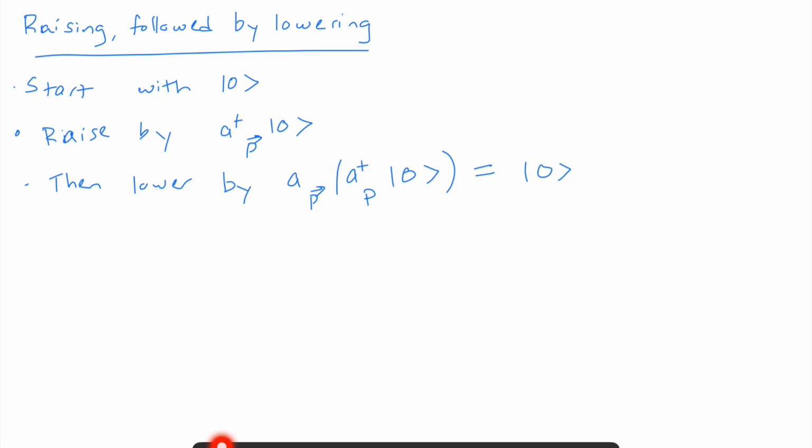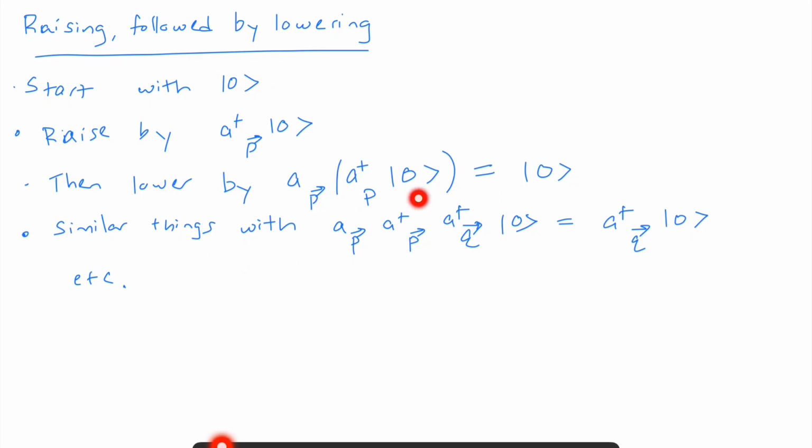This is a pretty idea where you start with the ground state, you can raise it, creating a new state of higher energy by omega p, and then you can lower it by a sub p. You can do very similar things with different combinations. For example, here I have the ground state 0. I act on it with a creation operator q. I get a new state, and I hit it again with creation operator p. I'm going to get a totally new state, with energy omega p plus omega q, but then I knock that out with a sub p.